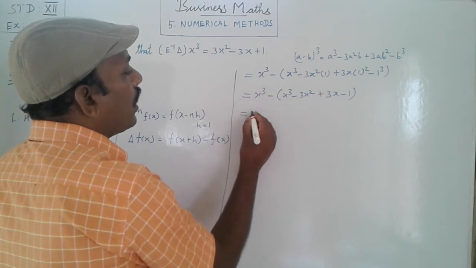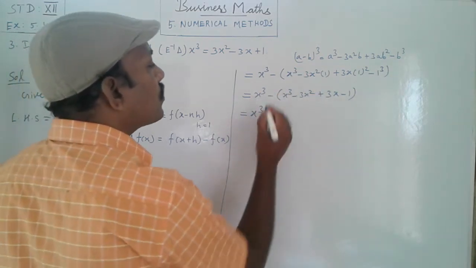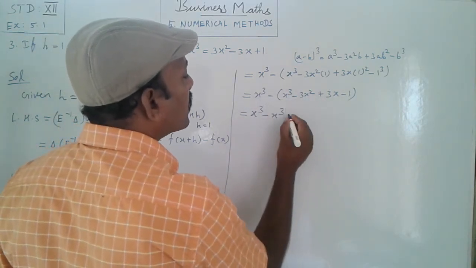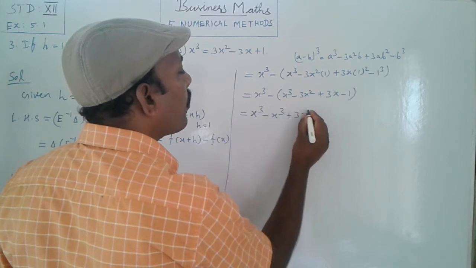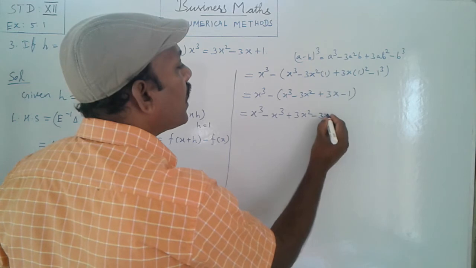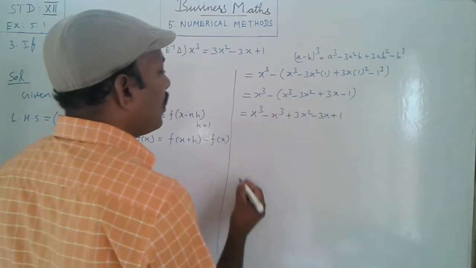So x cube minus, we should multiply inside. So minus x cube, minus into minus plus 3x square, minus into plus is minus 3x, minus into minus is plus 1.